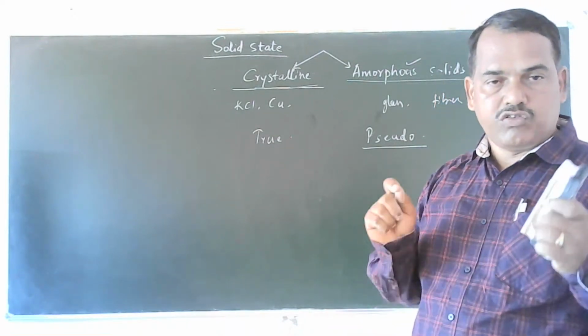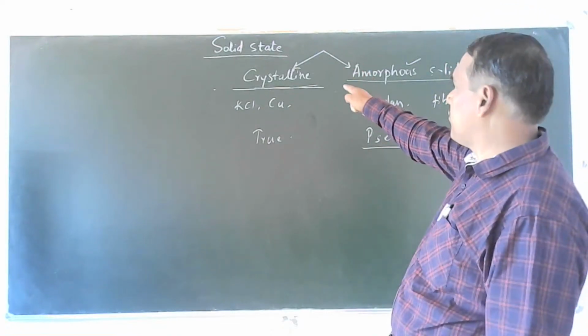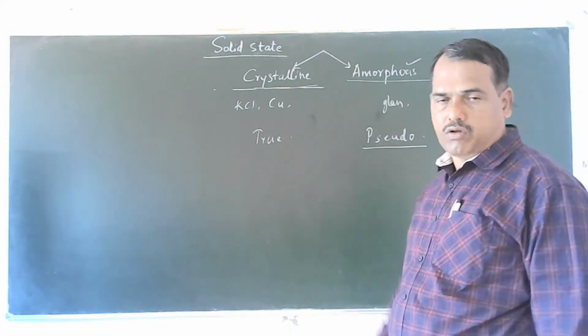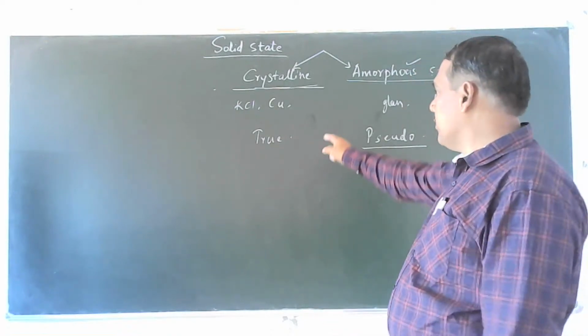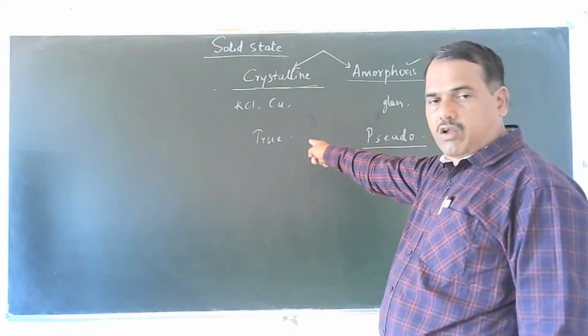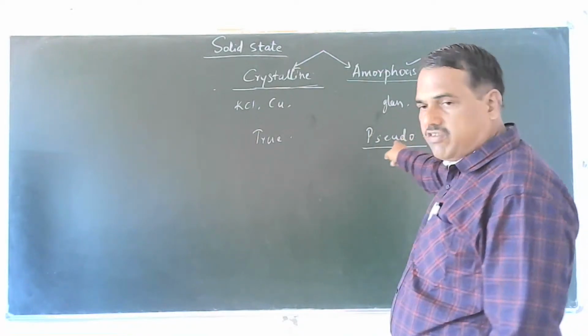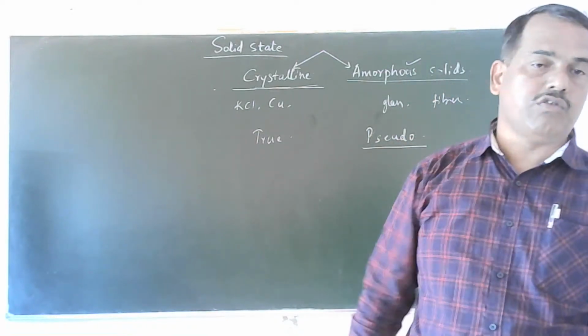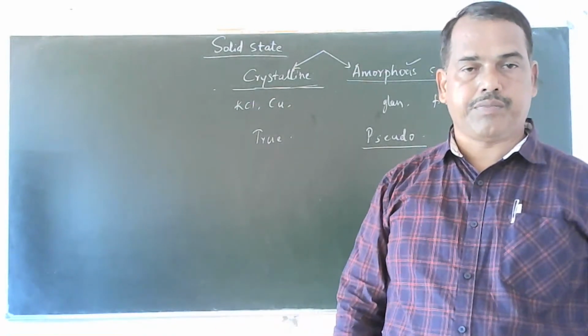Okay, dear students, you studied the differences between crystalline solid and amorphous solid. Very slowly, I told you. Crystalline solids are called true solids, and amorphous solids are called pseudo solids, also called supercooled liquids.